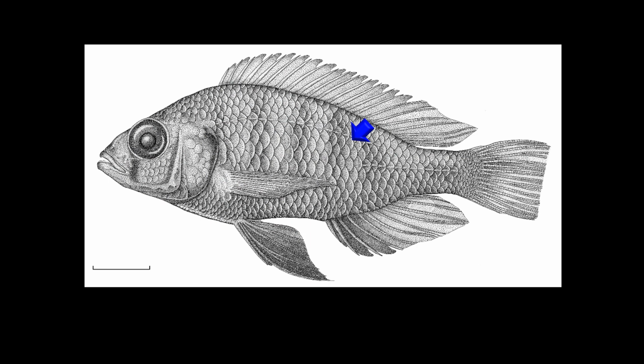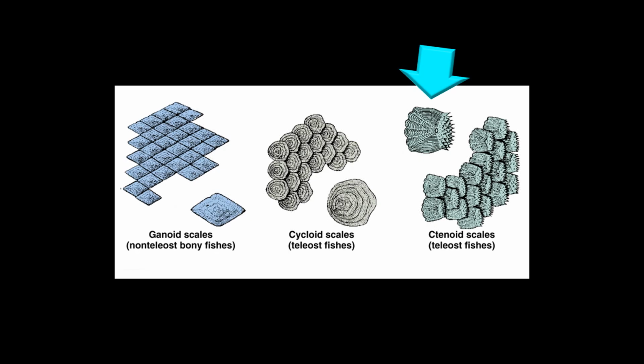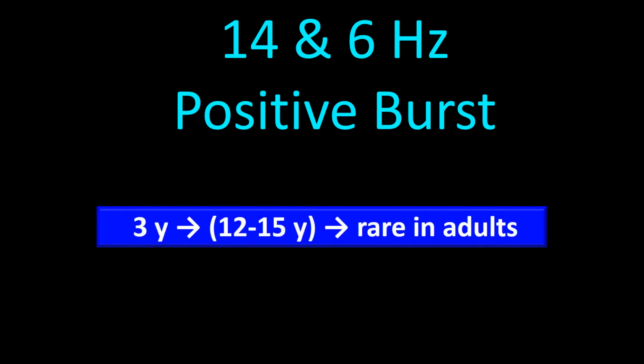The picture you saw in the prior frame was from the scale of a fish, which you can see in this frame are called ctenoid scales. 14 and 6 Hz positive bursts are usually first seen at around 3 years of age.